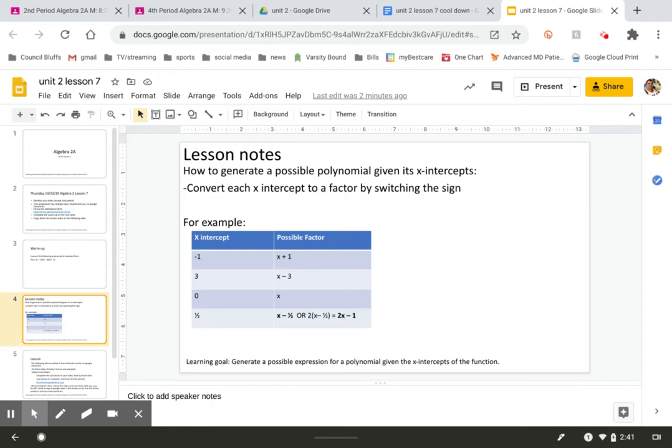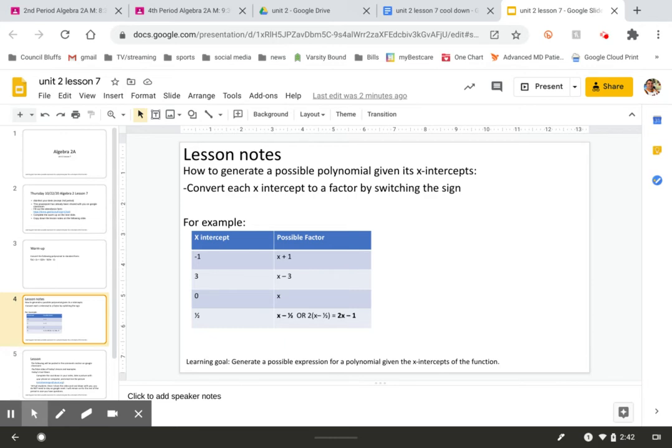This is really important: if I have an x-intercept that is a fraction or a decimal, in this case a half, I could make that x minus a half, but very often you will not see that.